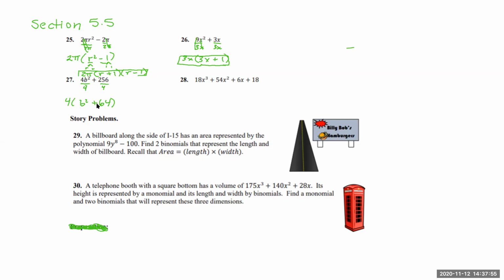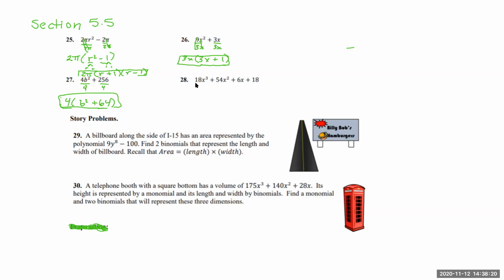And since there is a plus sign in here, we can't go any further with this. Only if it was a minus would it be a special binomial, but because it's a plus sign, or addition sign, we're going to leave it as such, and our final answer is just going to be 4b squared plus 64.